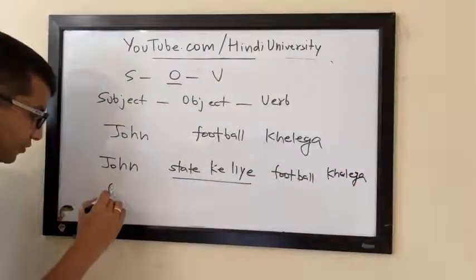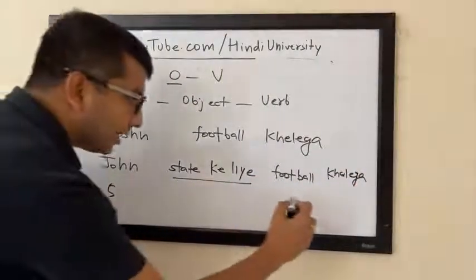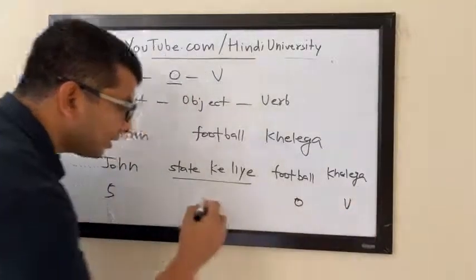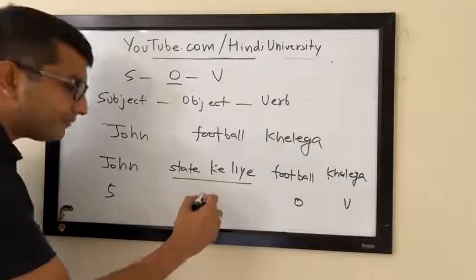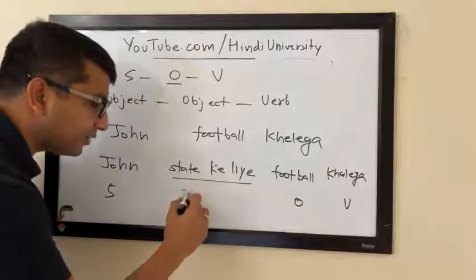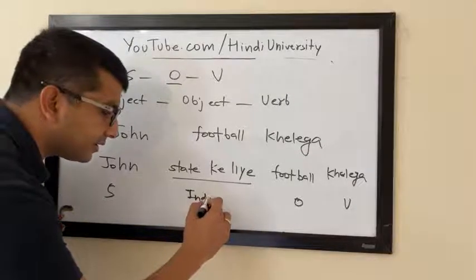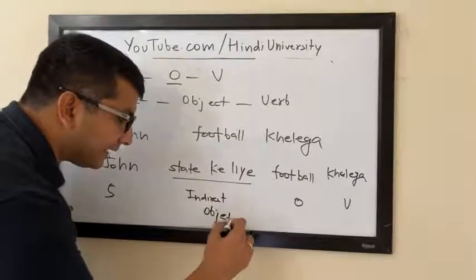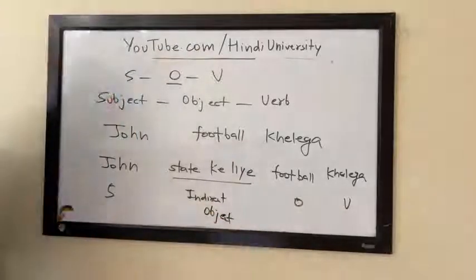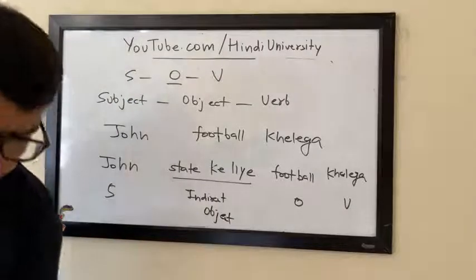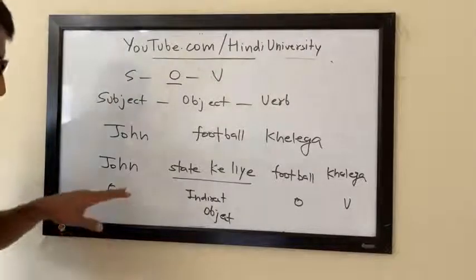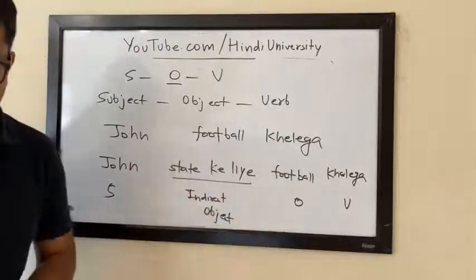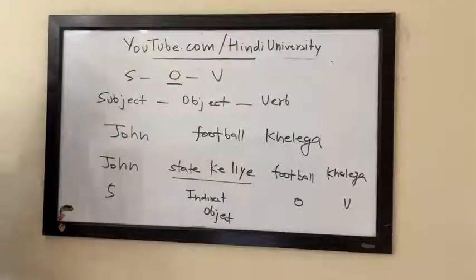This is also very good, which is you have a subject, you have the object, football, and this is the verb. Who is John playing for? That's basically your indirect object. So the indirect object comes before the direct object. That's also an order in the Hindi sentence: subject, indirect object, object, and verb. Okay, hopefully this should be clear so far.